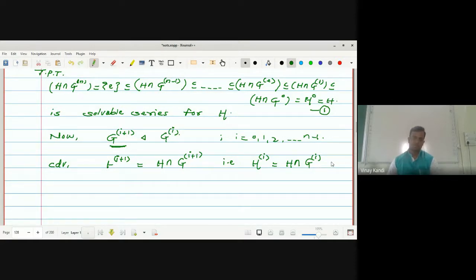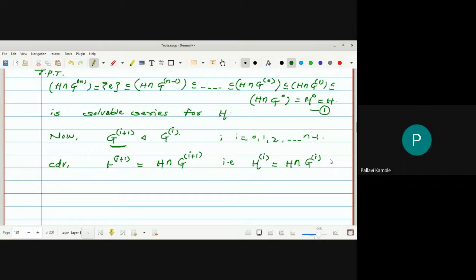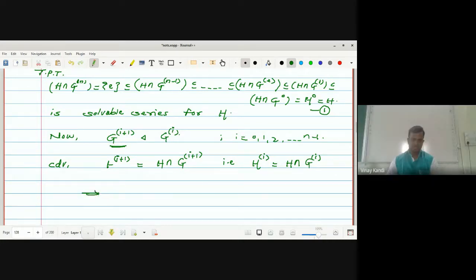Any doubt up to here? No, sir. So this implies H raised to i plus 1, that is the (i plus 1)th derived subgroup of H, is a normal subgroup of this one, that is H raised to i.